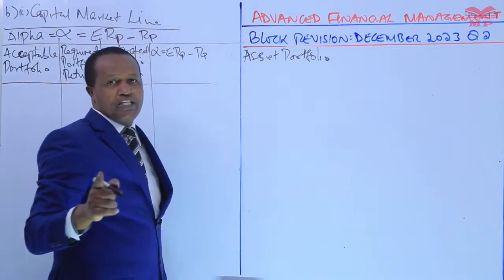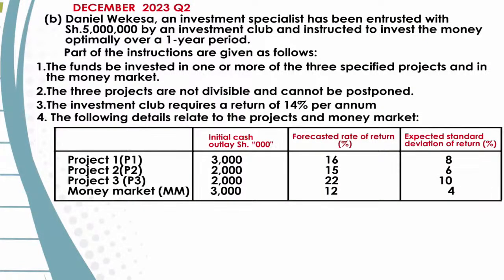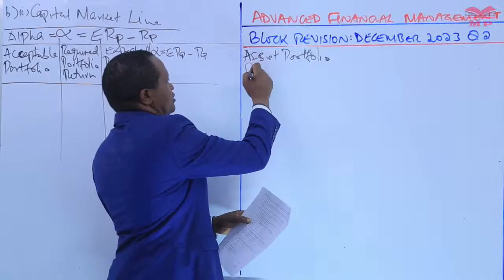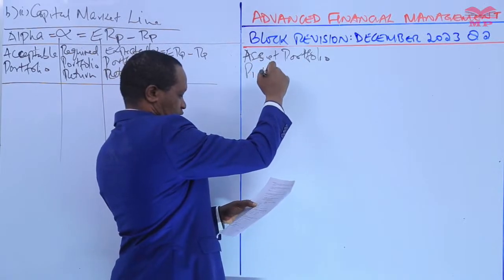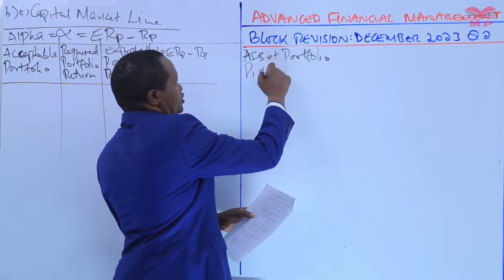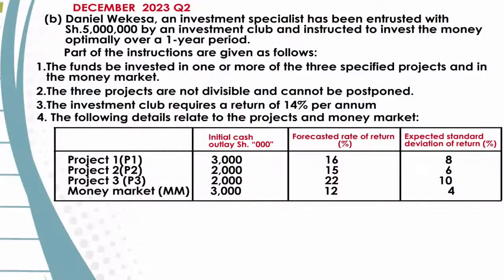the possible combination. From note number 4, you can see the maximum investment is 5 million. So one possible combination is project 1 and project 2. Project 1 is 3 million, project 2 is 2 million, a total of 5 million.